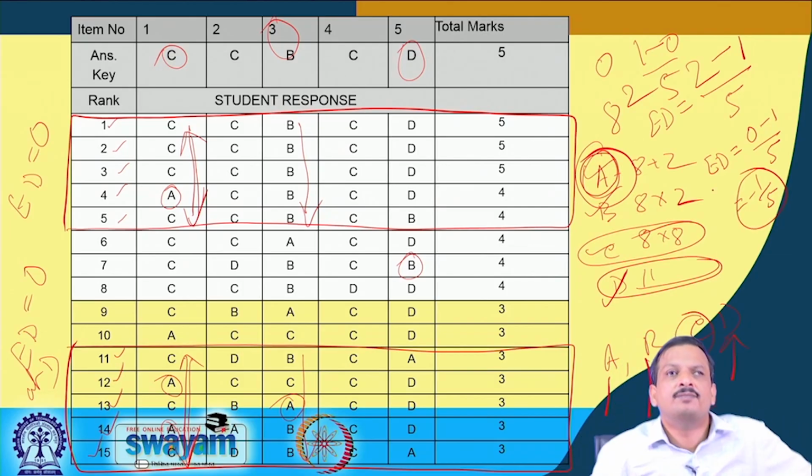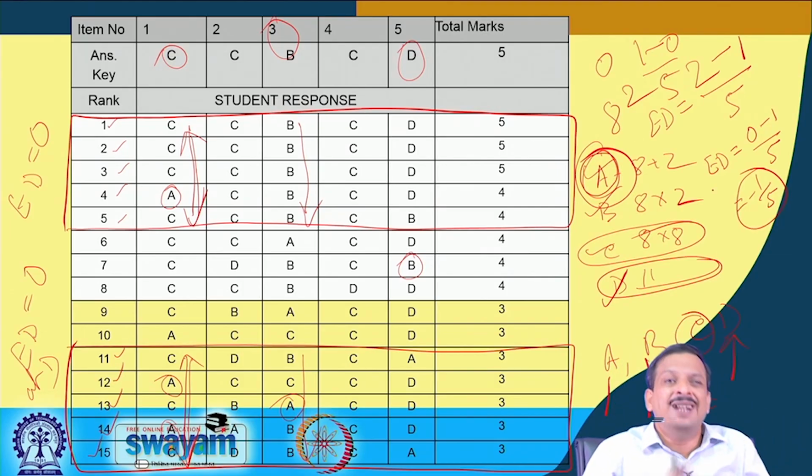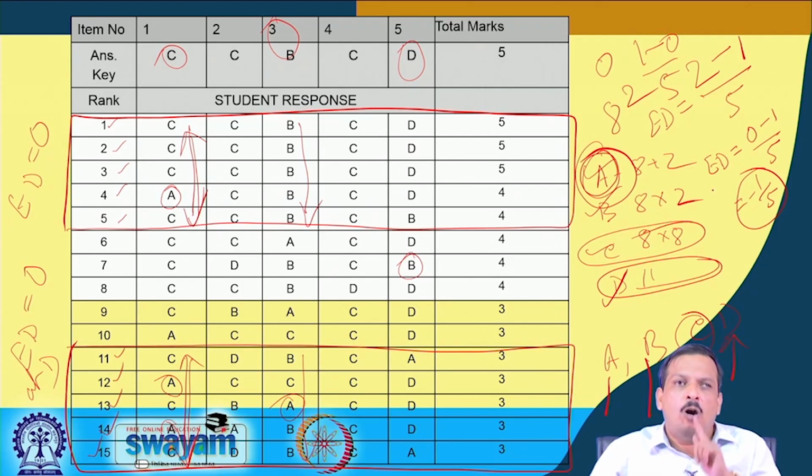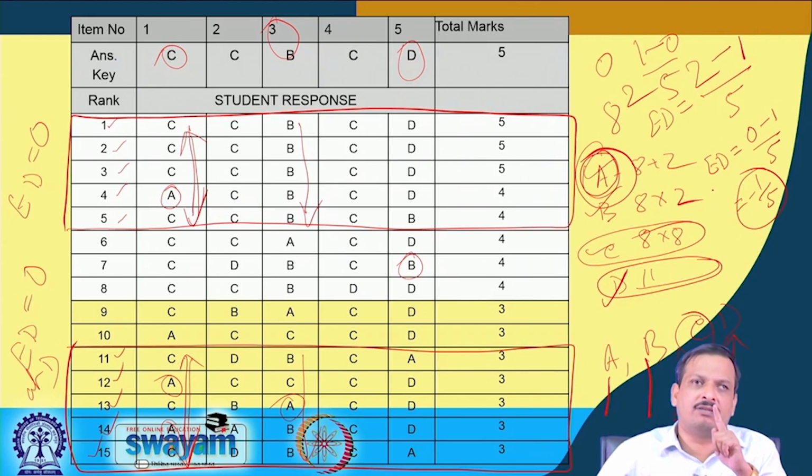What is its meaning? Its meaning is that option B is ambiguous. That is why a good student is able to choose that option. So, by analyzing the test item, you also increase the validity of your test item.